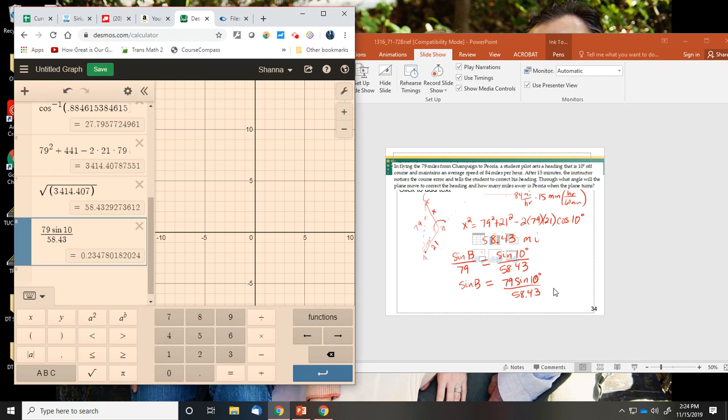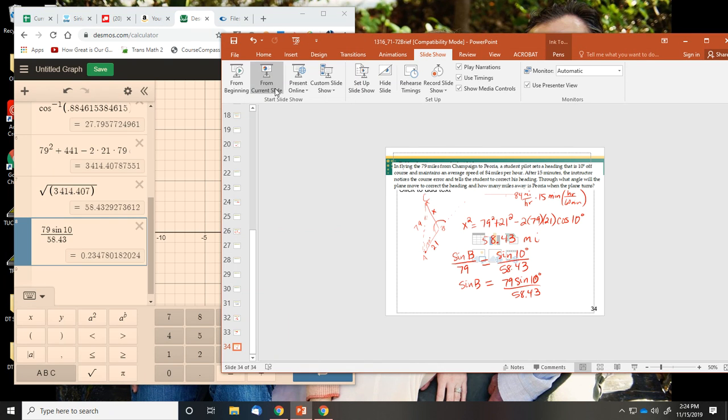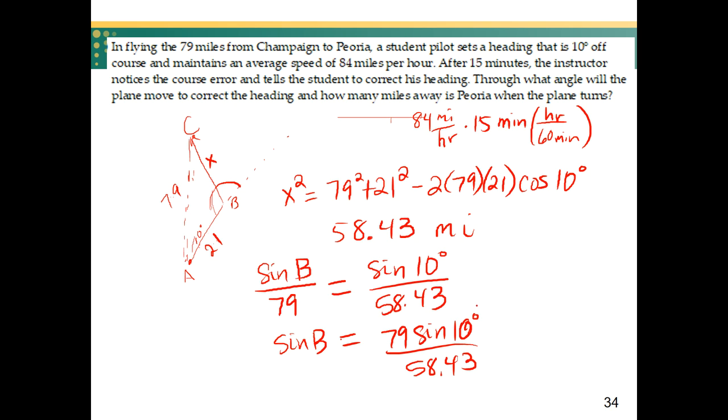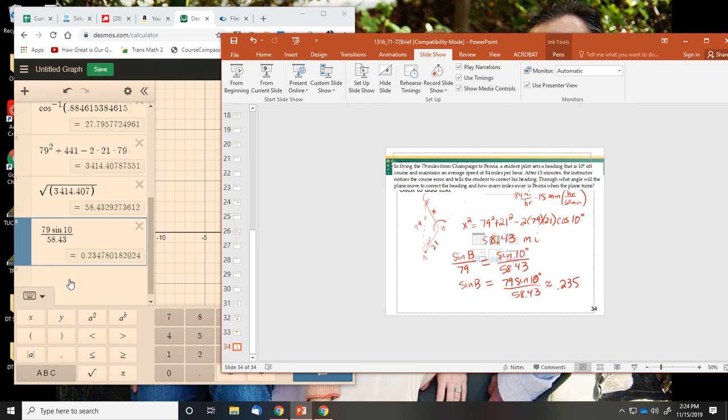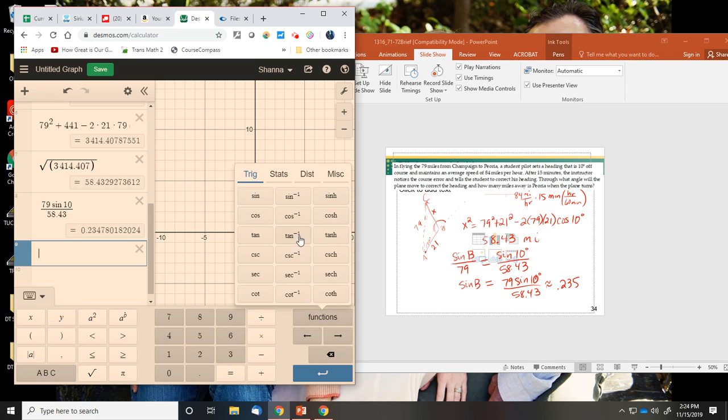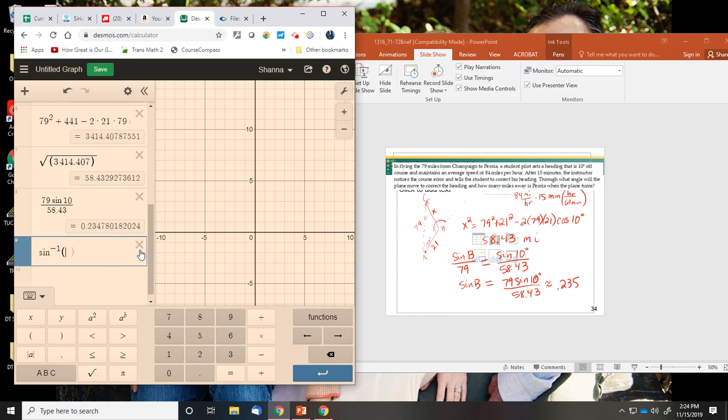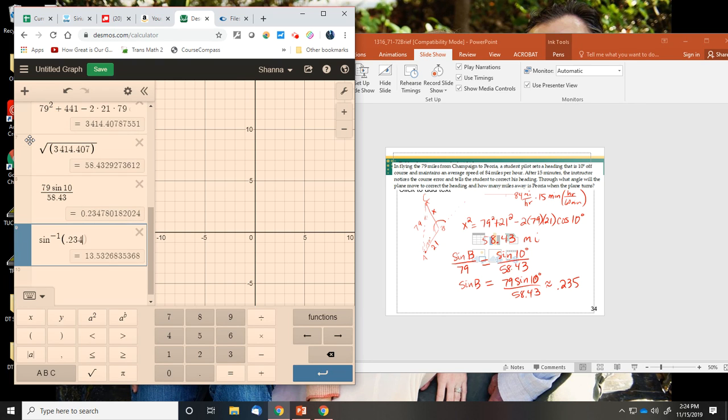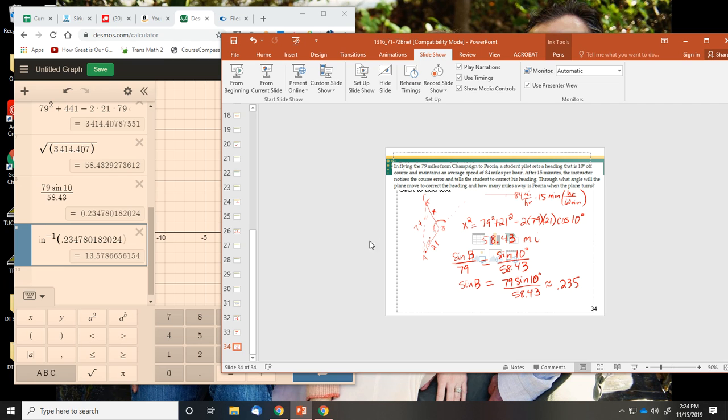Okay, so sine of B is 0.235. So we're going to do sine inverse of this, and we get 13.6 degrees.